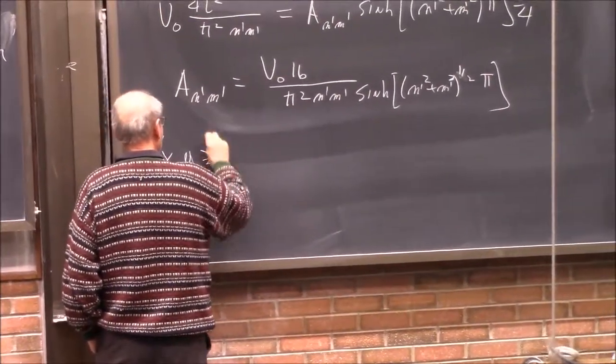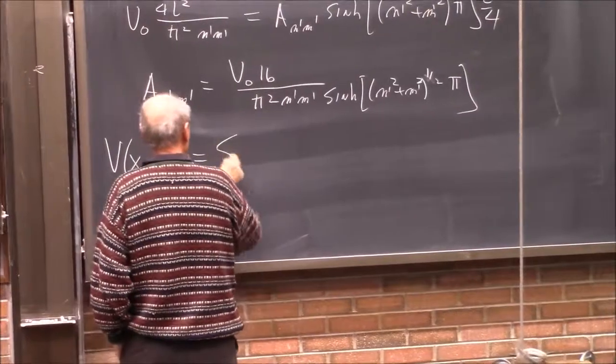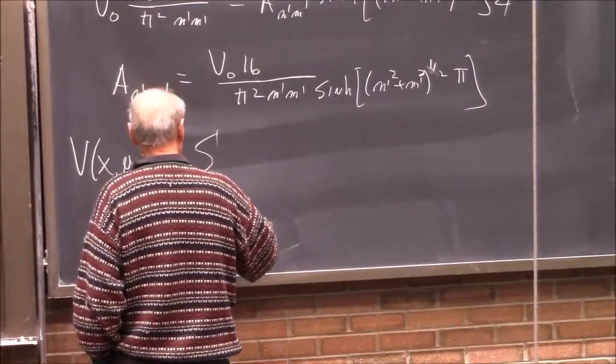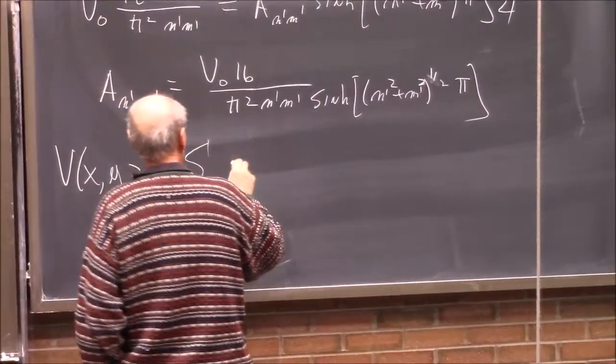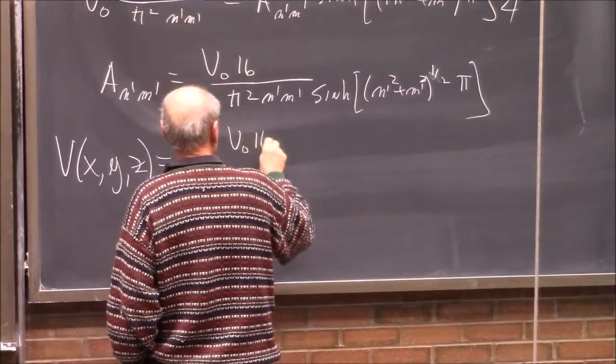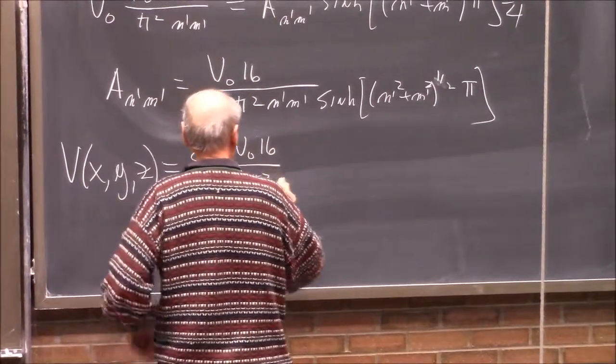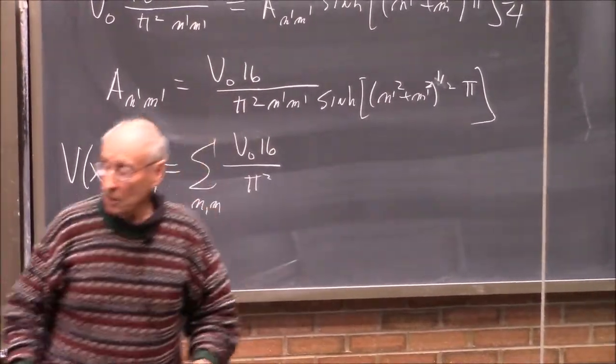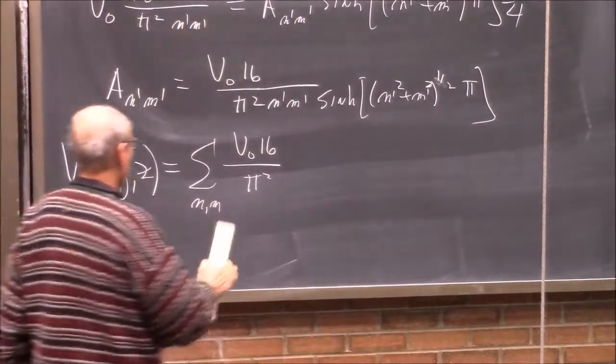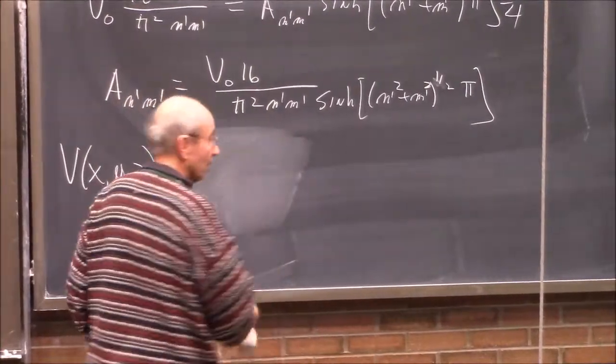V of x, y, and z is equal to the sum over n and m of v0, 16, pi squared. Let's factor that outside the sum, because it's just a constant.